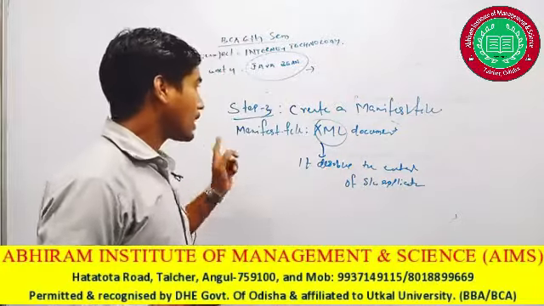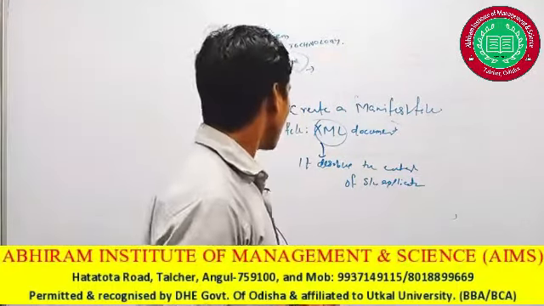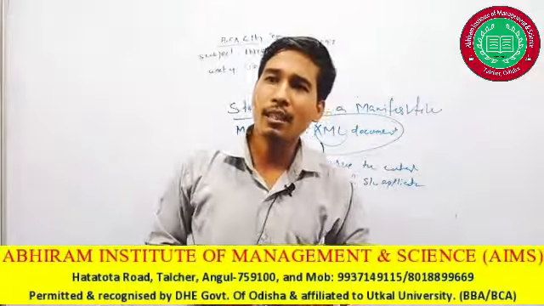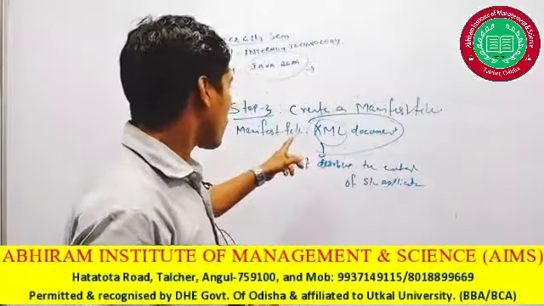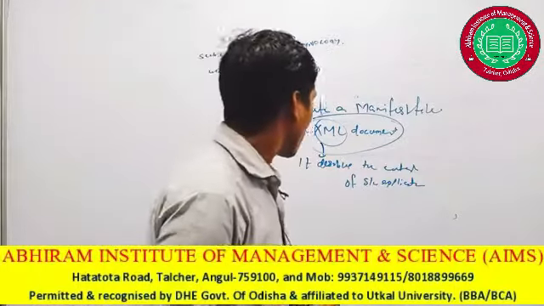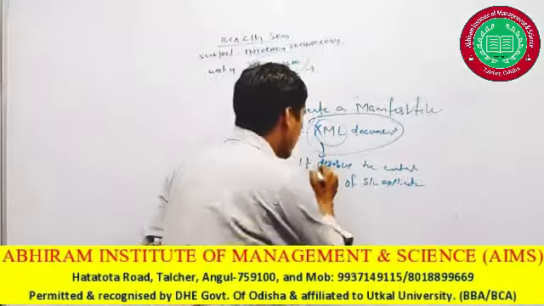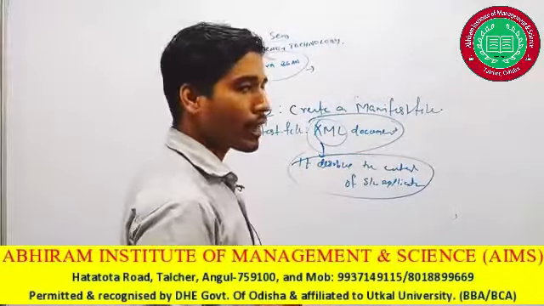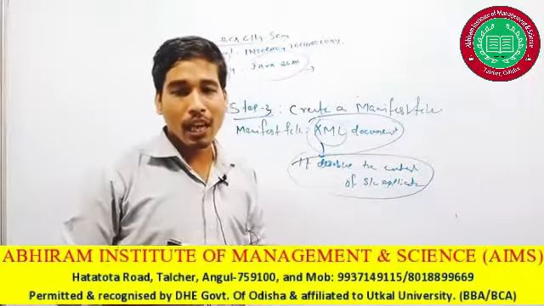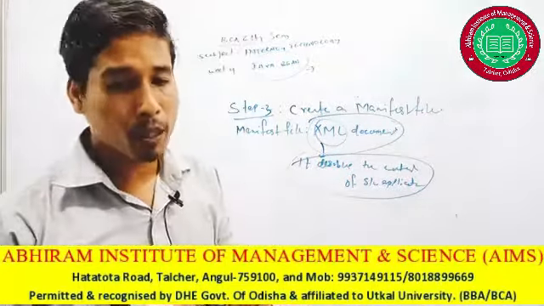In step 3 we create a manifest file. A manifest file is an XML document, and XML means extensible markup language. What is the function of an XML document? It describes the packages or contents of a software application. Another use is in web technology, for configuring and deploying the software.